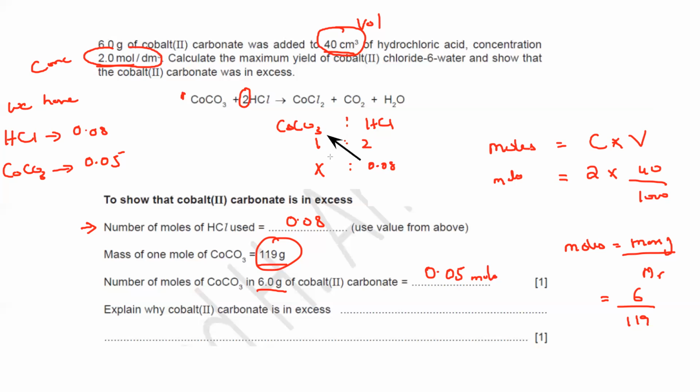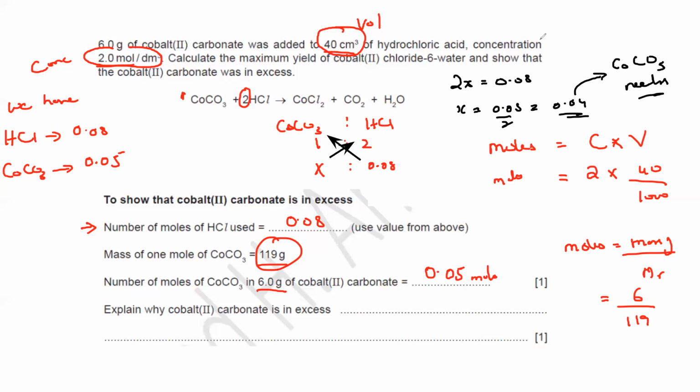When we cross multiply and simplify, it will be 2x equals 0.08. So x equals 0.08 divided by 2, which equals 0.04. So 0.04 moles of cobalt carbonate are needed for a complete reaction.